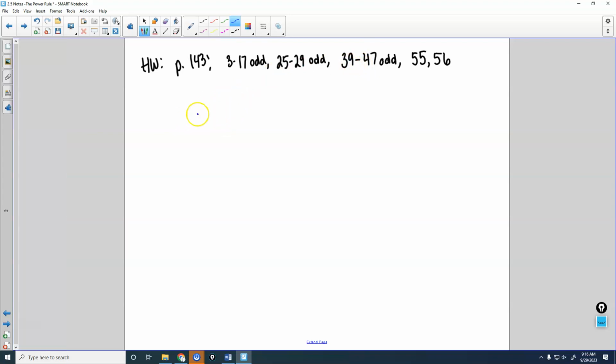Okay, let's look at 41. If you want to put this at the top of your homework, it's fine if they're out of order. You've got f of x equals 4x cubed plus 3x squared over x. This looks like one I told you we can't do yet, right? Because we've got x's in top, x's in bottom. And as it's written, we can't do it yet. But we could do the love connection here.